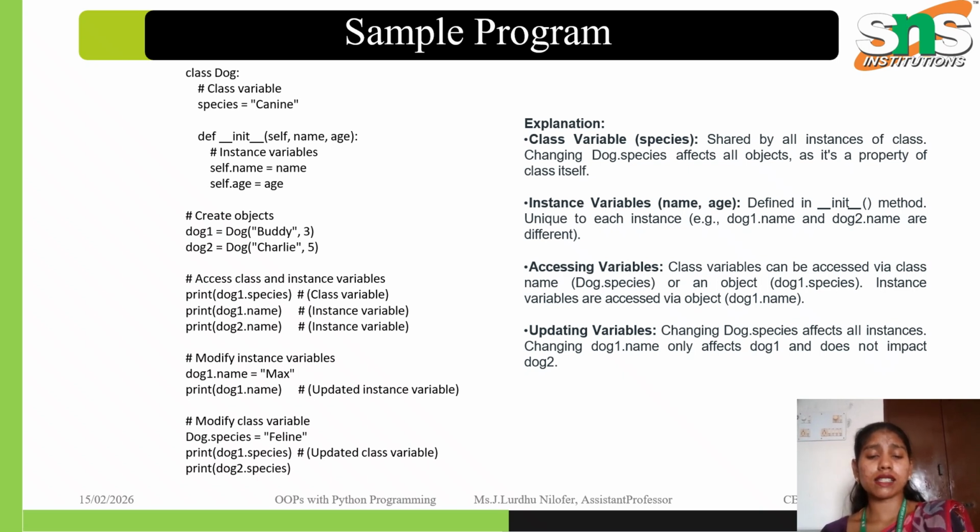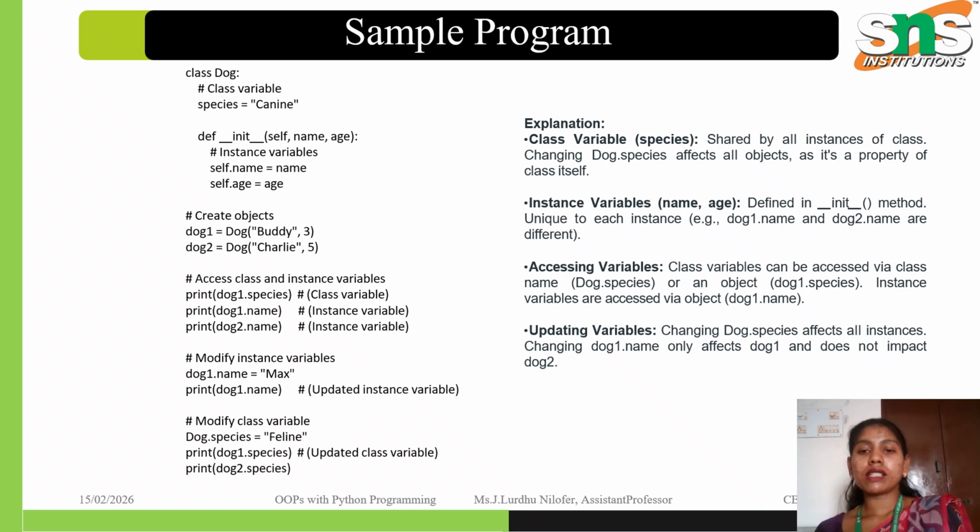Next, access the class and instance variables. Print dog1 dot species is a class variable. Then print dog1 dot name is an instance variable. Print dog2 dot name is an instance variable. So this is how to create objects, classes, class variables, and instance variables.